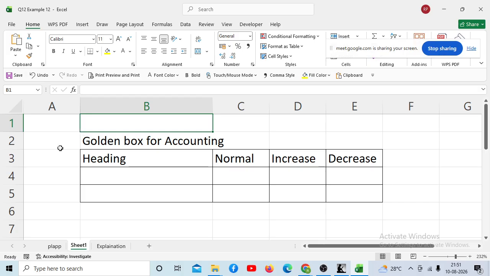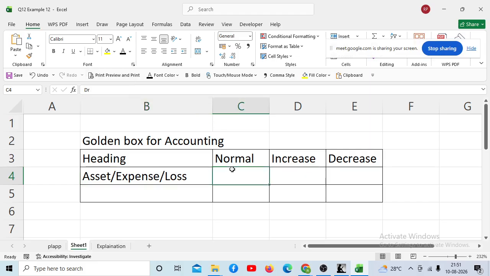Now tell me what will be the first heading. Assets, expense, loss. Okay, just write that. Now, what is the normal balance for asset, expense, loss? Debit. So write here debit. And what will happen if it is increasing? Debit. And what will happen if it is decreasing? Credit.